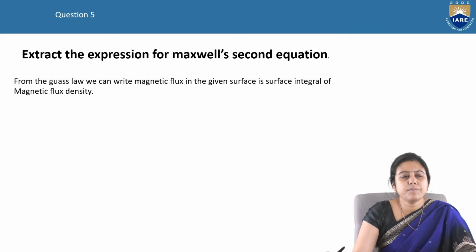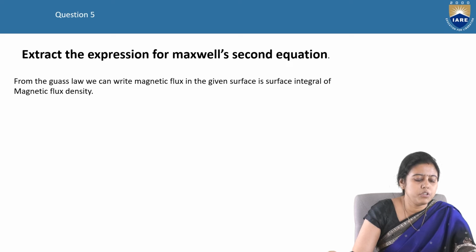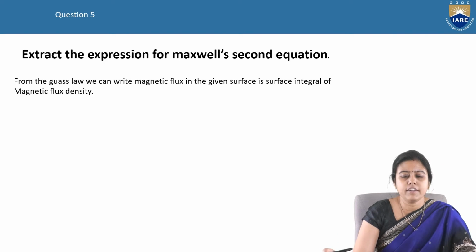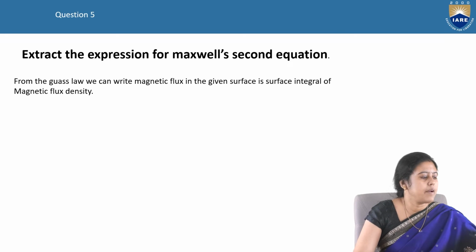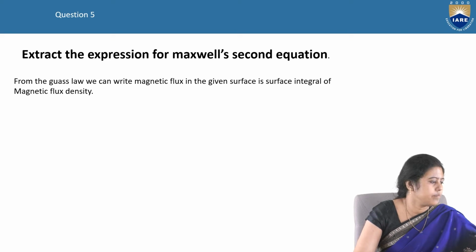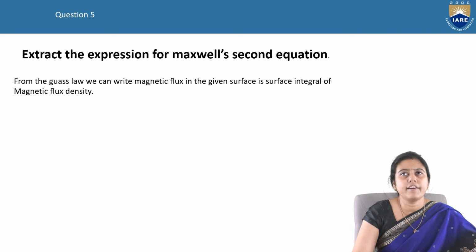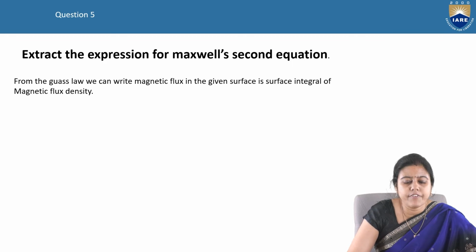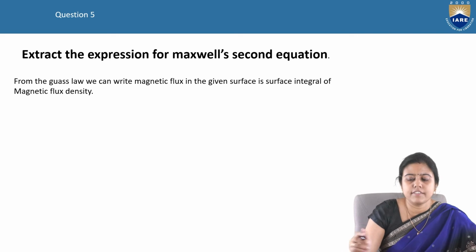Derive the expression for Maxwell's second equation. Maxwell's first equation tells about the Gauss law. We will now discuss Maxwell's second equation. From the Gauss law we can write that the magnetic flux in a given surface is the surface integral of the flux density.